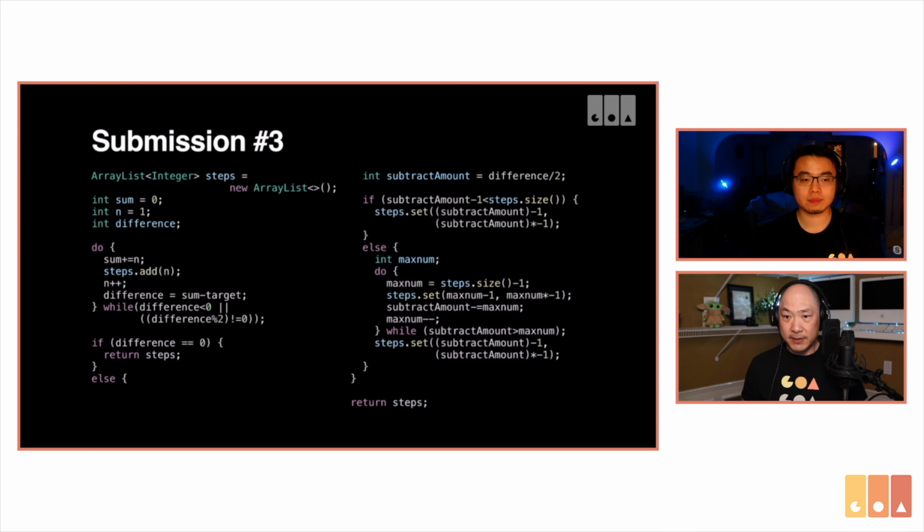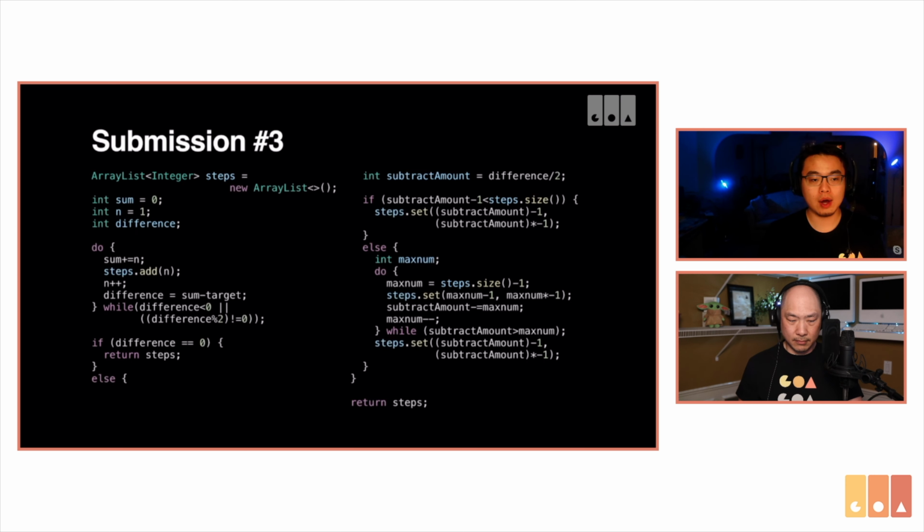So this one here was submitted by JE. JE's submission is similar to Irene's, but it chooses to do things a little bit differently. The main difference is that we continue to add steps until it's even.